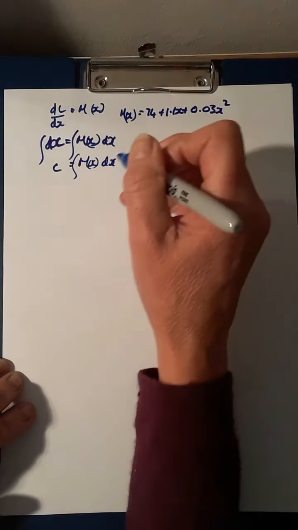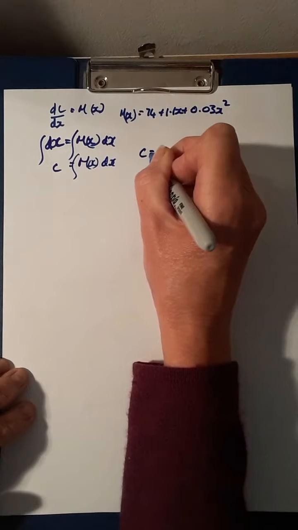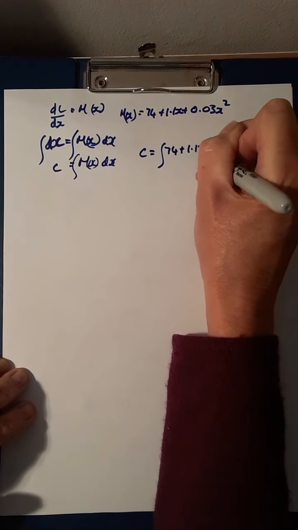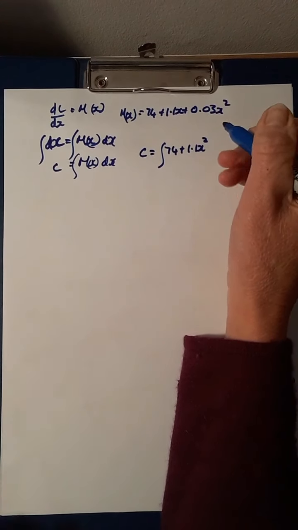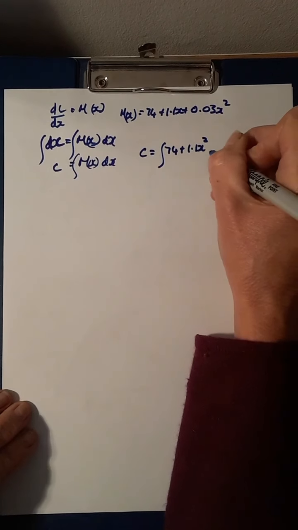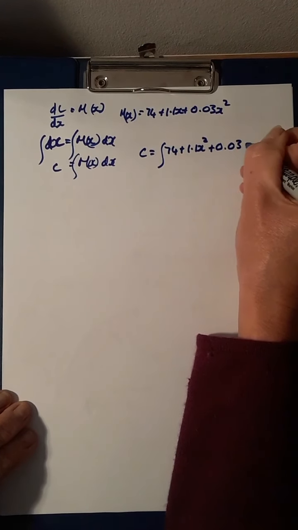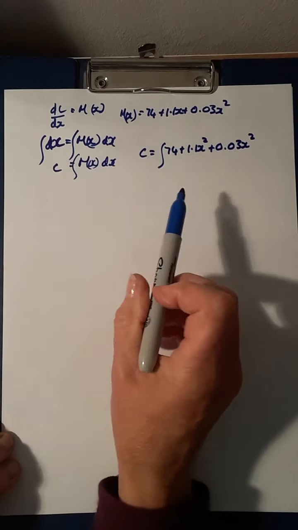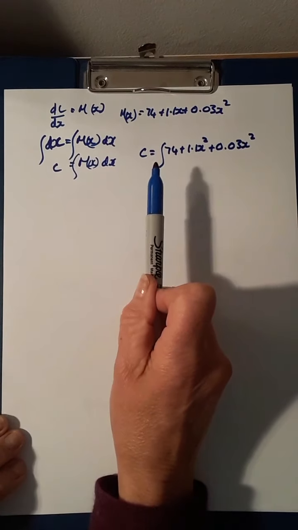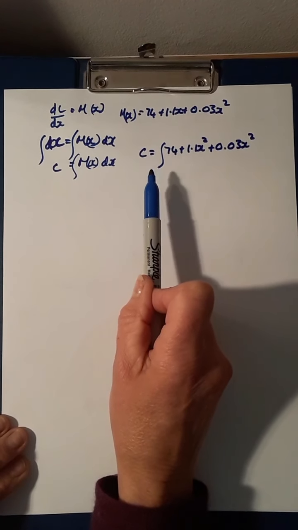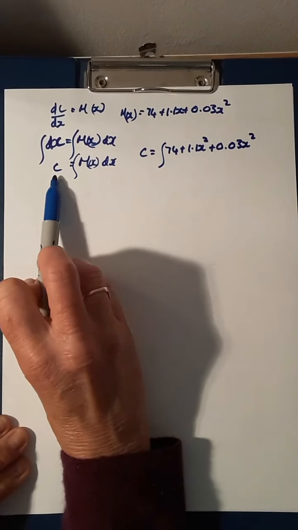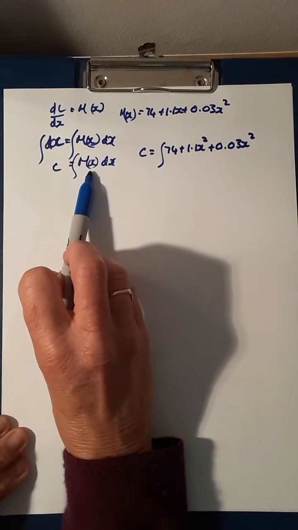So C is equal to the integral of 74 plus 1.1x plus 0.03x squared. So I'm going to integrate this side here to get my cost function. Because remember C is M(x) integrated.